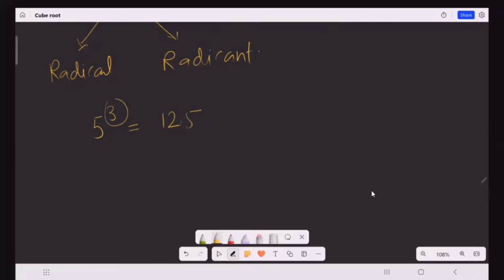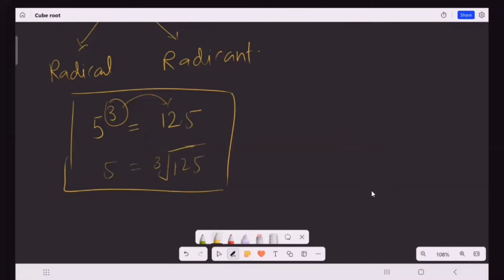As I shift this to the other side, it turns into the cube root. So I can represent this in this way. Maybe you can now understand what a cube root is.